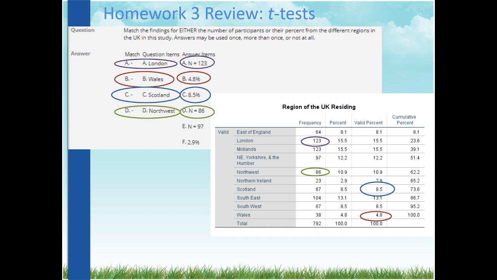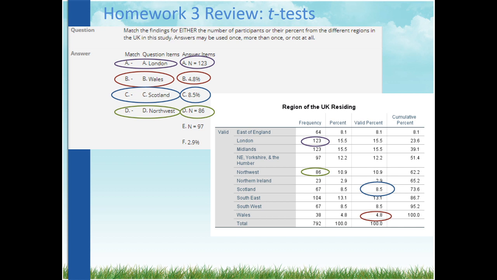So that's circled in the purple. Wales is circled in the red. So you're looking at either the percent, the 4.8%, or the number, frequency, which would have been 38. In this case, the 4.8 is the one that was on the possible answers list. Scotland, we already talked about at 8.5, and then the Northwest at 86.